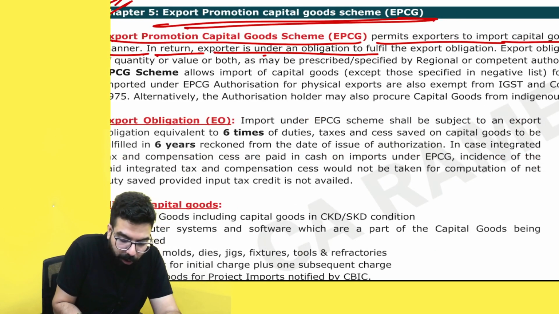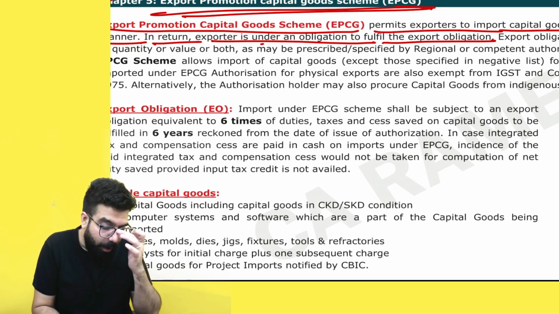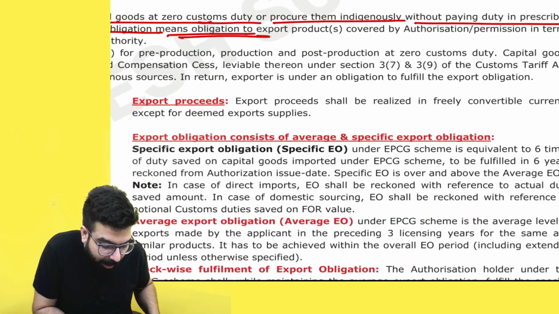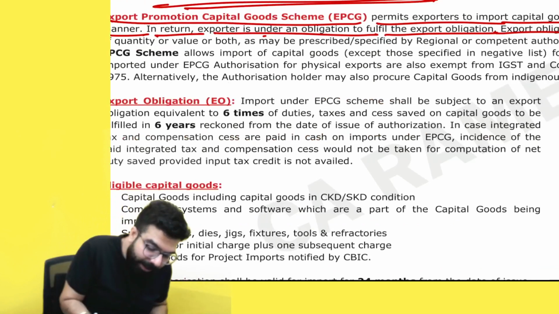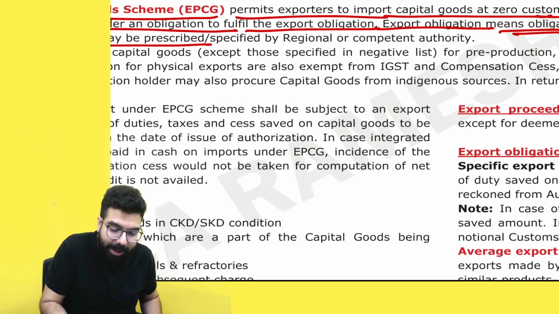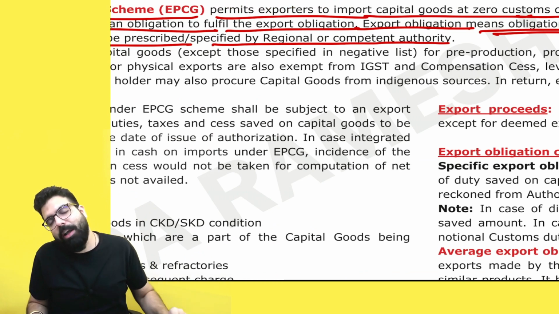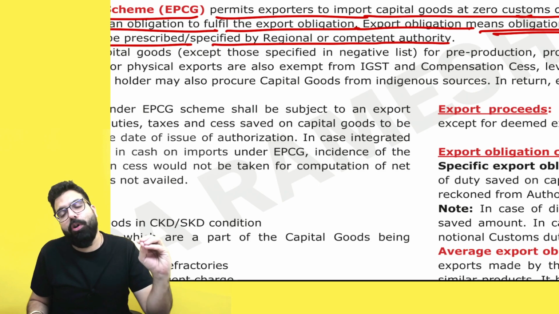In return, exporter is under an obligation to fulfill the export obligation. Export obligation means obligation to export the product covered by the authorization or permission in terms of quantity or value or both, as may be prescribed or specified by the regional authority or competent authority. Means whatever is told by the competent authority or regional authority, that much export you have to do.